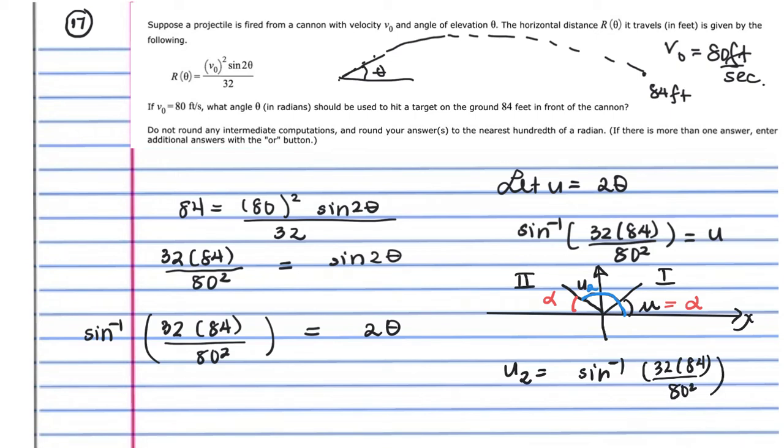But since it's in the second quadrant, we want to make sure we subtract that answer from 180. So let's go out to the calculator and find u in the first quadrant and also u in the second.